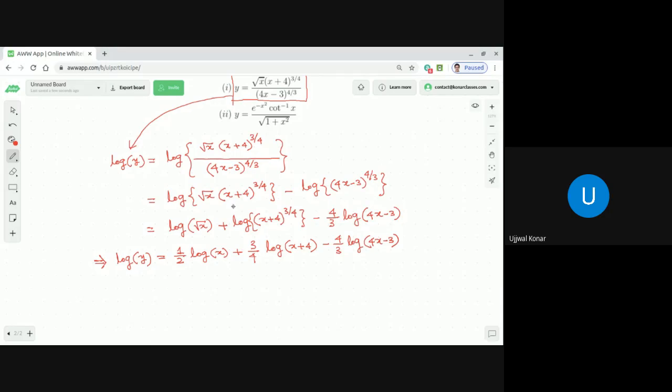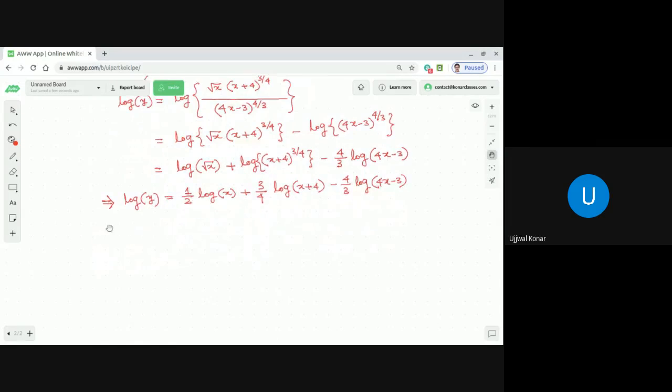Now the point is, what are we going to do? We are going to differentiate both sides with respect to x. So if I write the statement by differentiating both sides with respect to x, we get d/dx of log y.